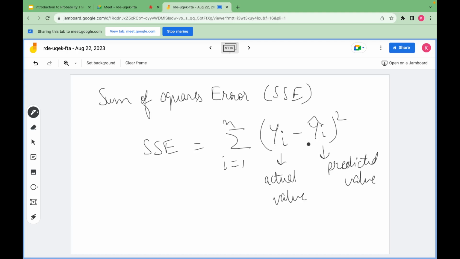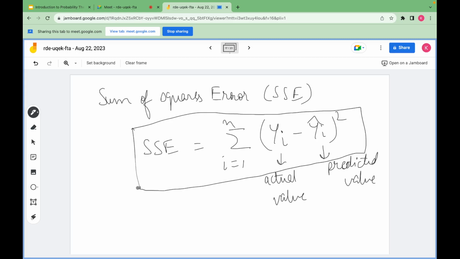The difference is the error, because we have some actual values, we made a model and we predicted those values. So the difference between the predicted value and the actual value is the error. First we take the difference between the actual and predicted value, then we take the square, and then we sum it for all the elements. This will be the sum of squares error.